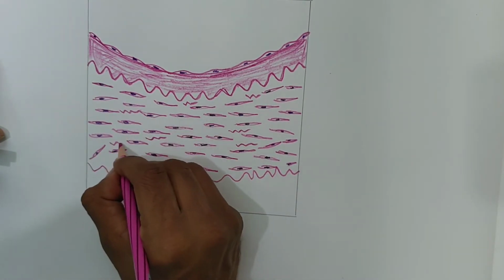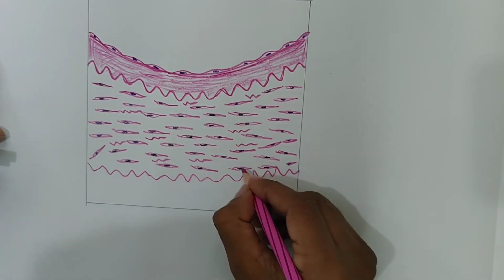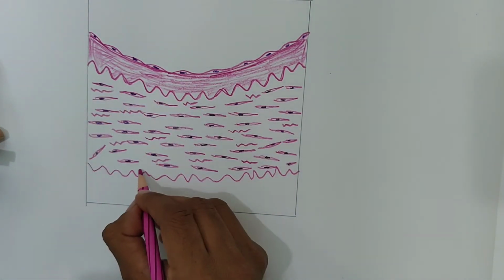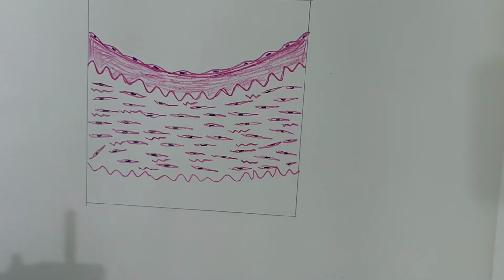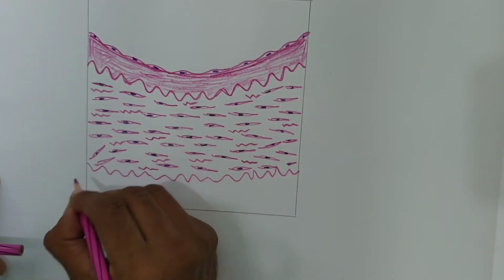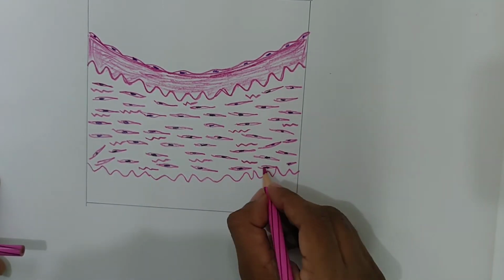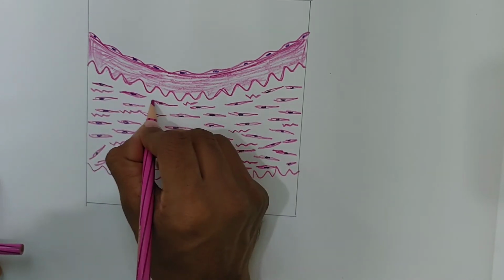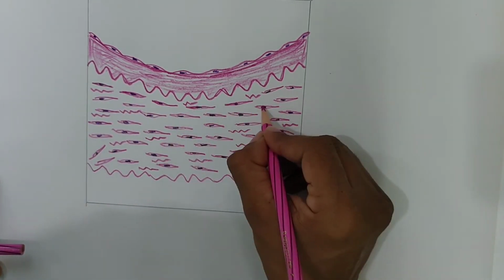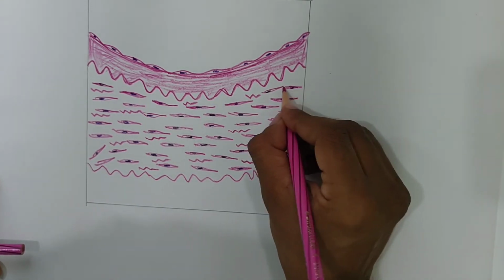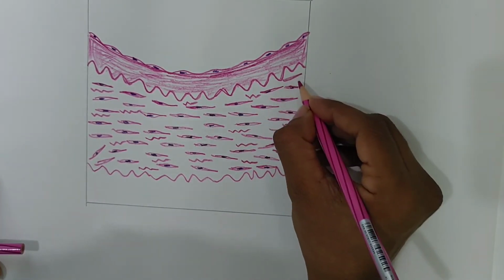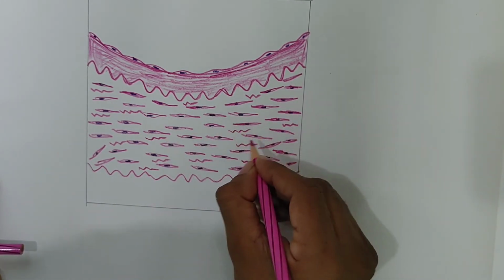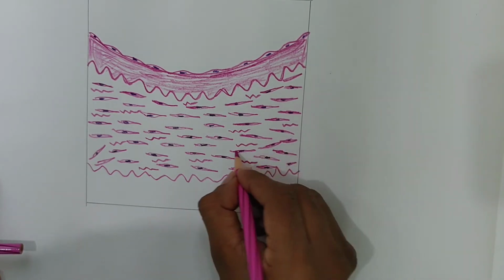These are very less in number. These are the smooth muscle.